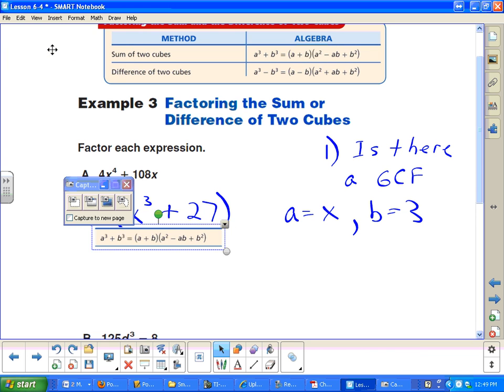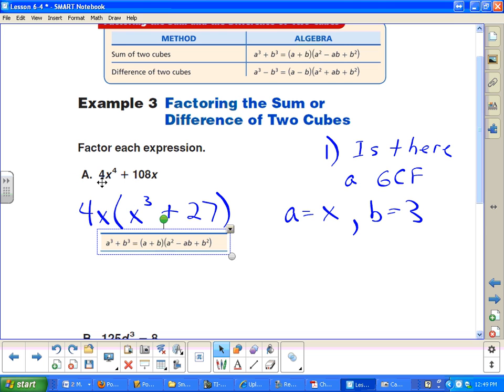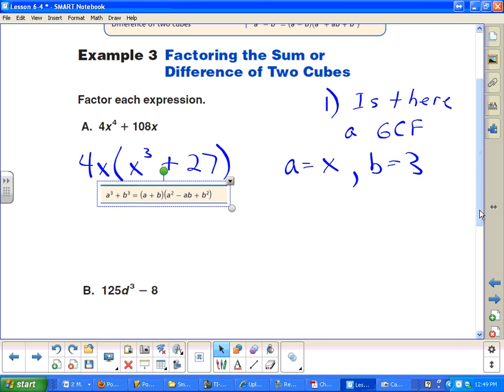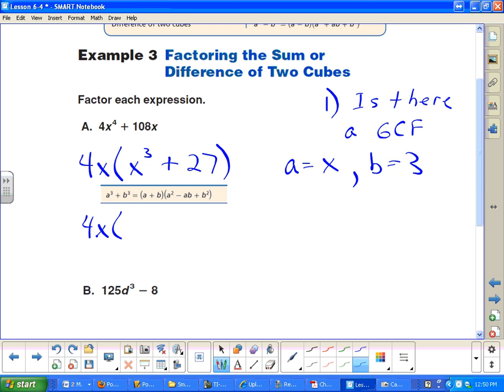So I'll come down here. Where I have an a, I'm going to put x. Where I have a b, I'm going to put 3. So I still have the 4x out front. And then we have a plus b, so x plus 3.